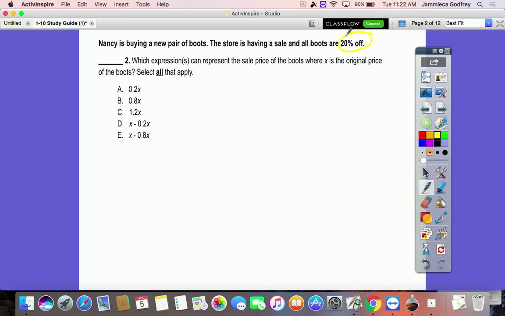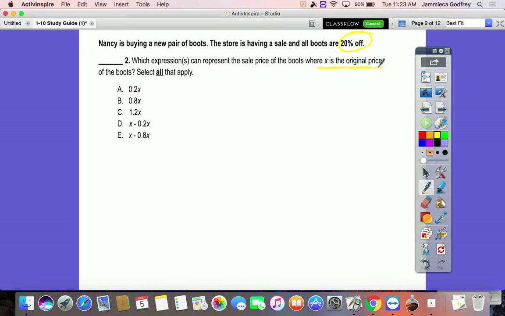If I was taking a test using the state testing website and I had my highlighting tools, I would probably put 20% off. The actual question says, which expressions can represent the sales price of the boots where X is the original amount? We're going to use X as the original amount of the boots. Select all that apply. So you're looking for the sales price.